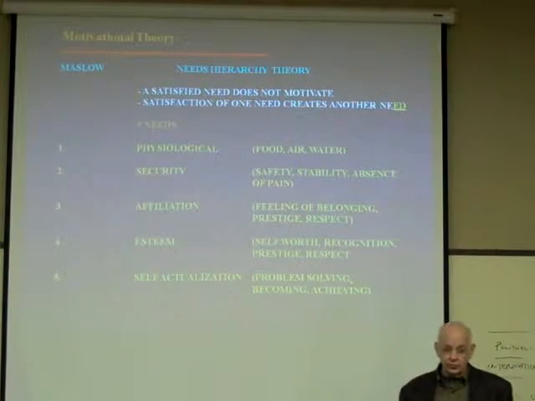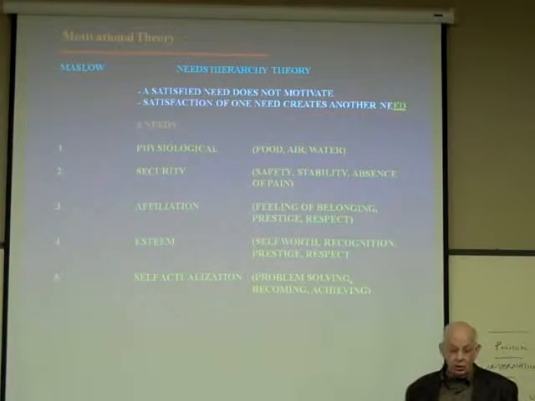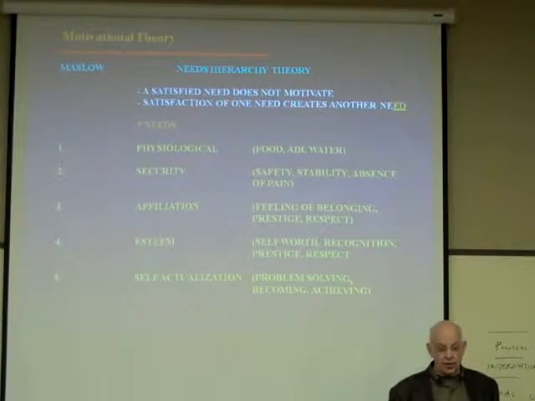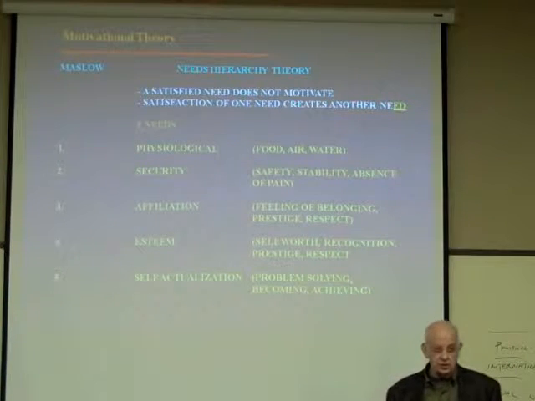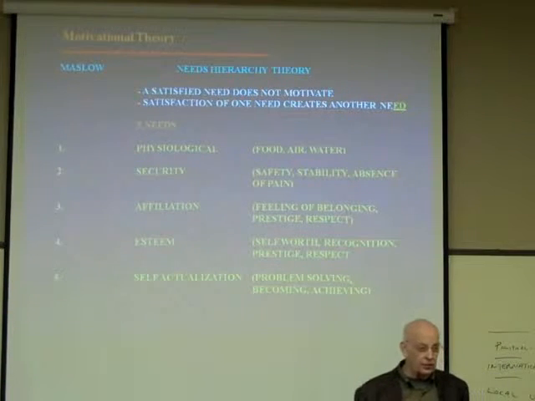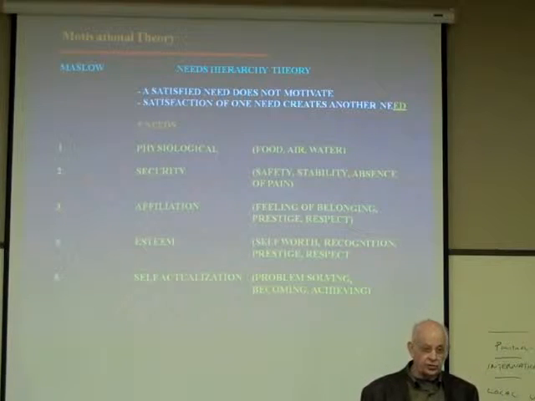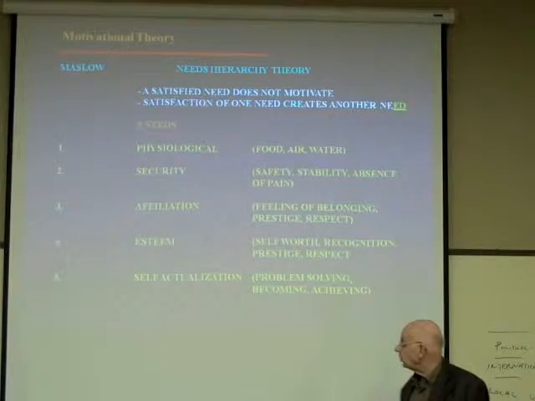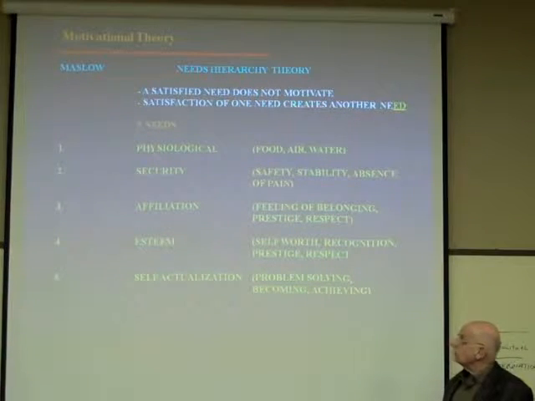Maslow was one of the first of the motivational psychologists that came along and in effect said that man has a series of needs, one on top of the other, and the motivation will be increased as we work our way up that line. To start with, he said, we have physiological needs.